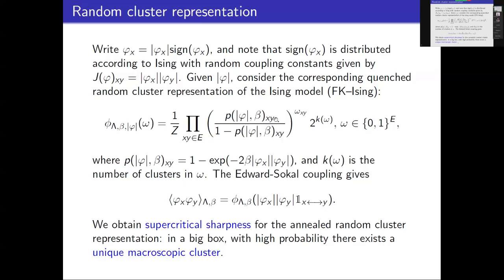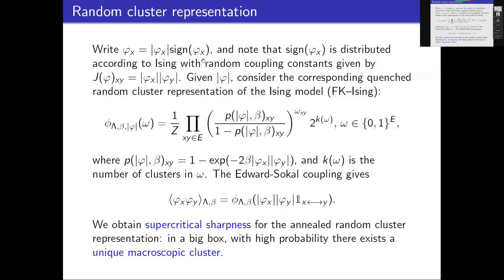So maybe I can explain briefly this. There are two representations. One of them is like this. The idea is I'm going to do something very simple. So you have your spins, they take values over R, and I'm just going to write phi as absolute value times the sign.